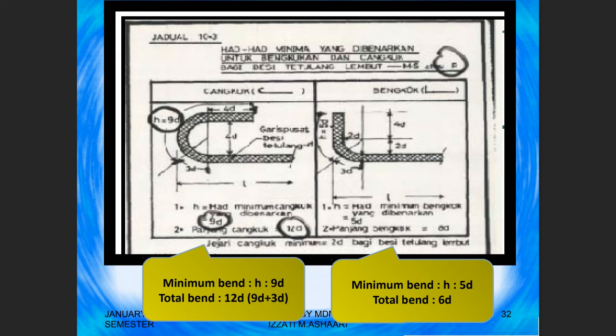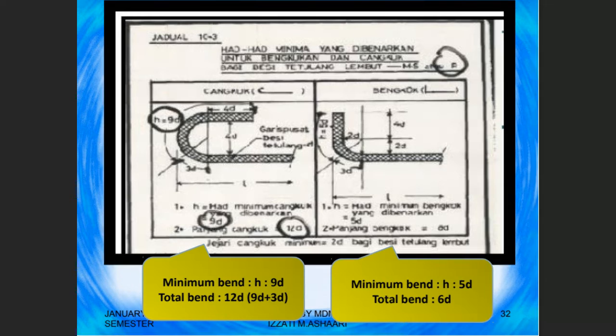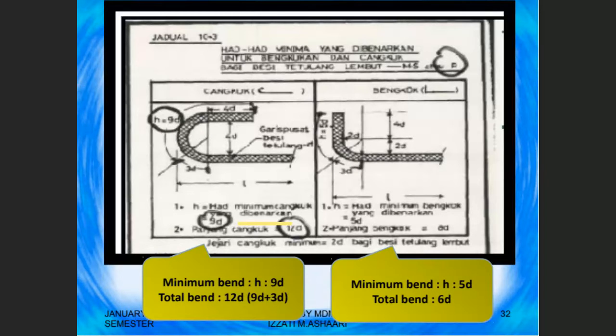In order for you to see in detail, you can also see this one if you are given the detail of H. And in this case, the formula of H refers to D. D refers to diameter. So if you see the word 4D, what does it mean? 4 times diameter. Okay, look at this number 1. The first one, H, is the minimum, and then number 2 here refers to the length of the bar.